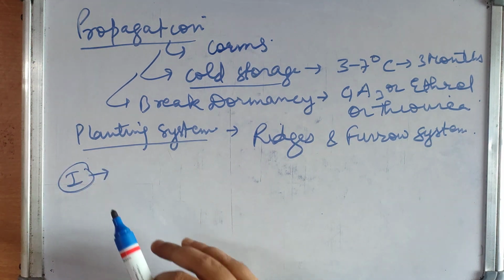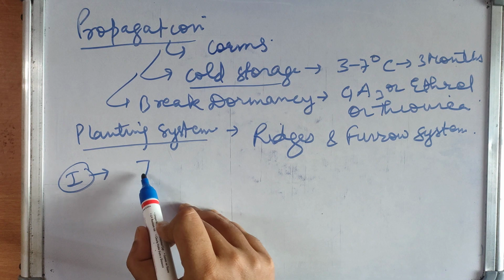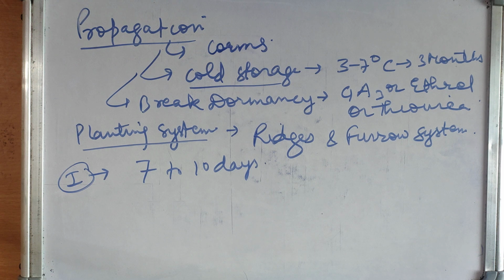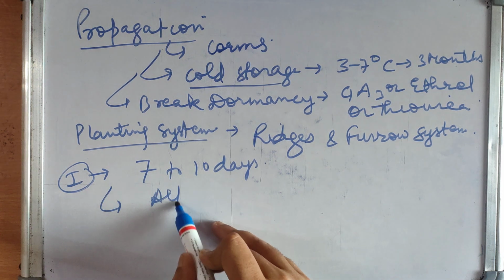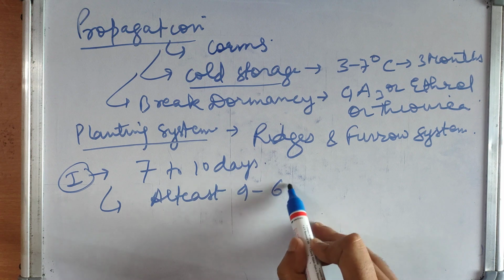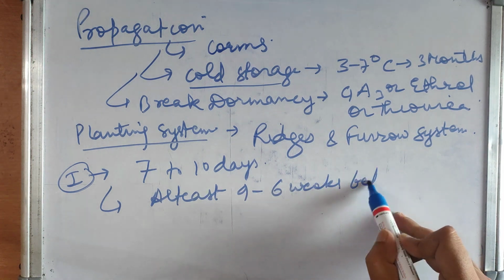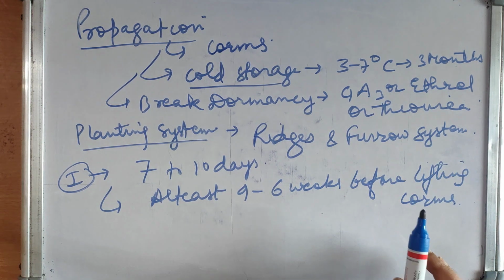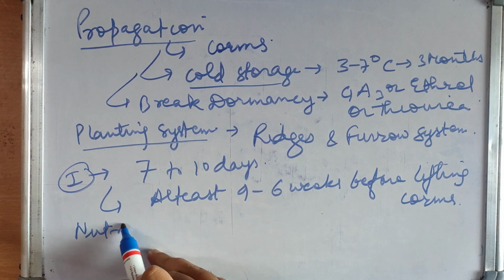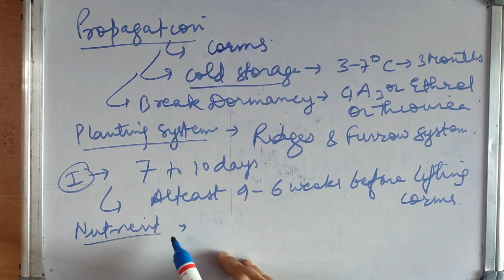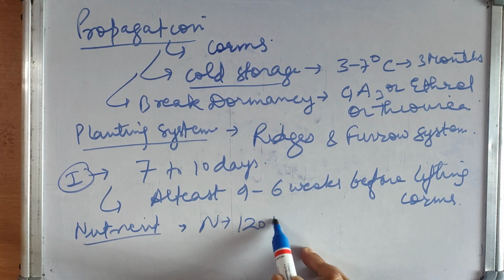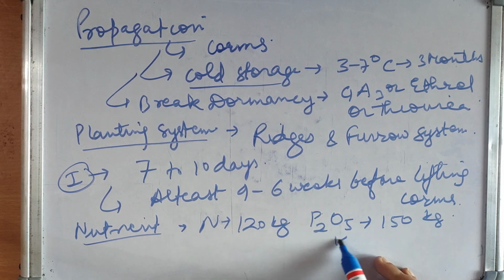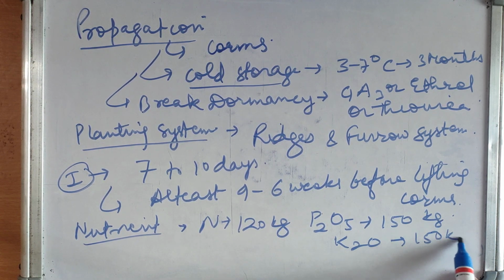Irrigation should be at an interval of 7 to 10 days, and it should be stopped at least 4 to 6 weeks before lifting the corms. Nutrients: nitrogen 120 kg, P2O5 150 kg, and K2O also 150 kg per hectare.